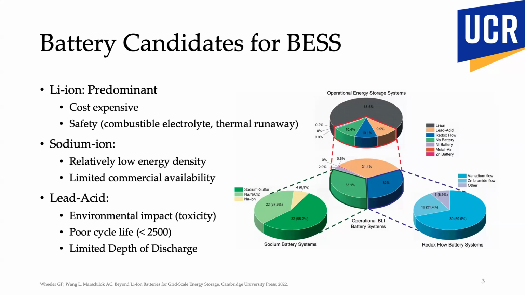Another one is cycle life. Compared with lithium-ion, which currently can reach 10K cycles, lead acid can only reach about 2.5K cycles. So this is another disadvantage.